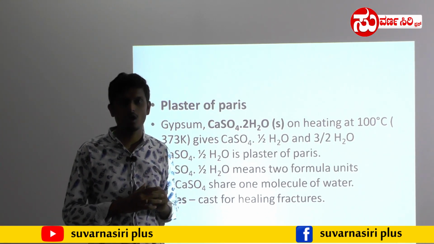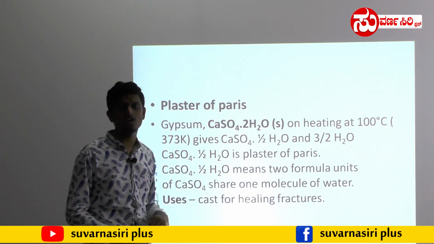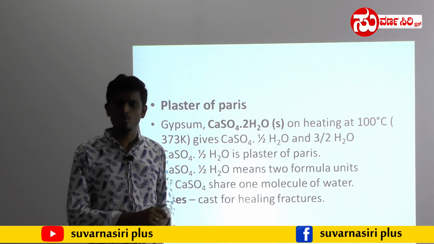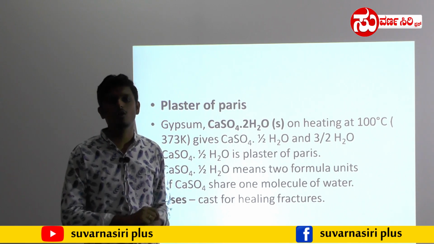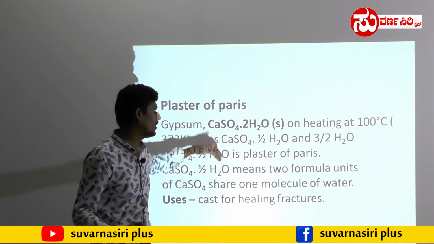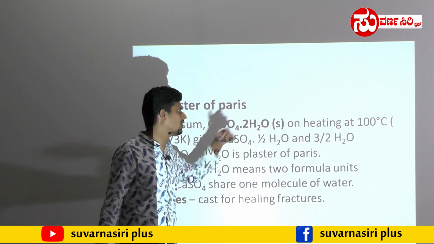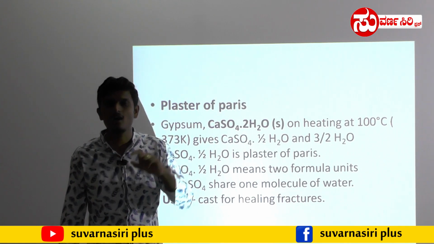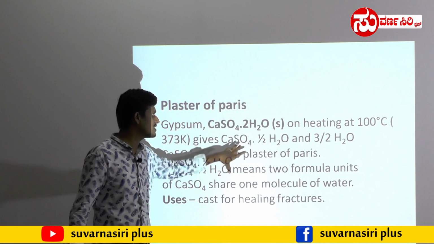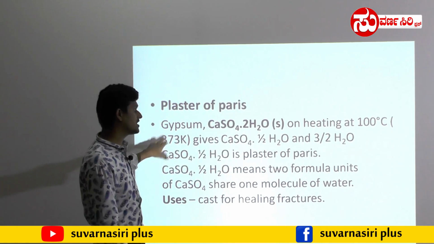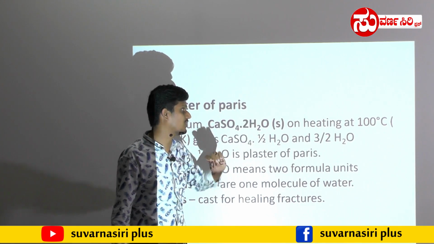If I heat the gypsum salt at around 373 Kelvin, it loses 1.5 molecules of water. Here there are 2 molecules of water. If we lose 1.5 water molecules, only half a water molecule is left, so the product formed is CaSO4 dot half H2O.